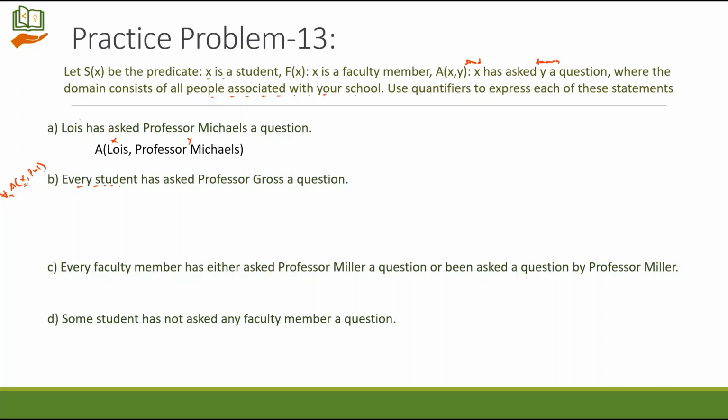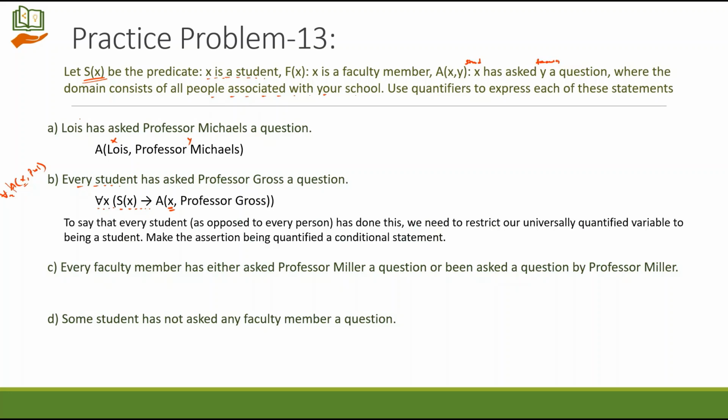We have to use the predicate S of x to say that x is a student. S of x implies that if x is a student, then that particular student has asked Professor Gross a question. So x, Professor Gross is fine, but here this particular implication operation is to specify that this x is a student. Now we have to apply it to all students. So we are using the universal quantifier.